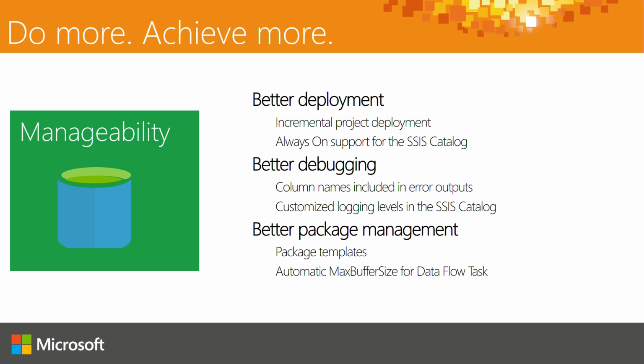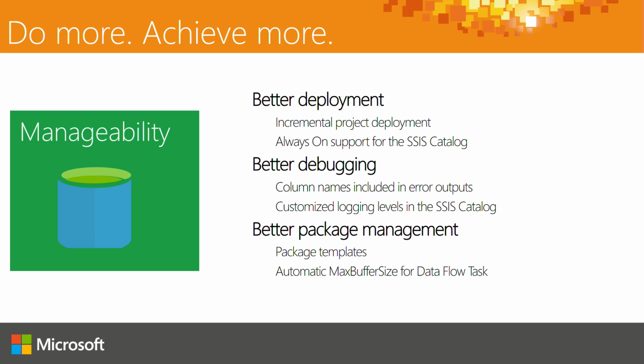For the manageability side, we have features that will enable us to do better deployment, better debugging, and better package management. For example, on the deployment side, incremental project deployment is something that we added in this release.